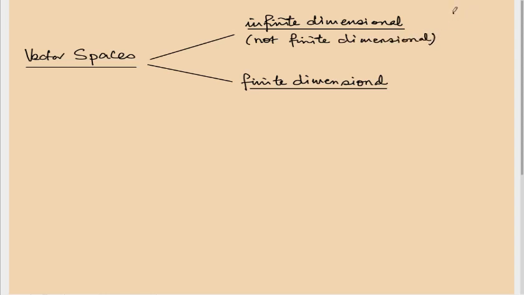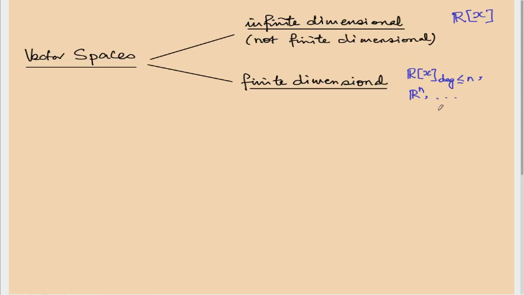An example of this was the vector space of all polynomials with real coefficients in a single indeterminate x. And examples of this, well, if you take polynomials of degree n, Rn, and so on.